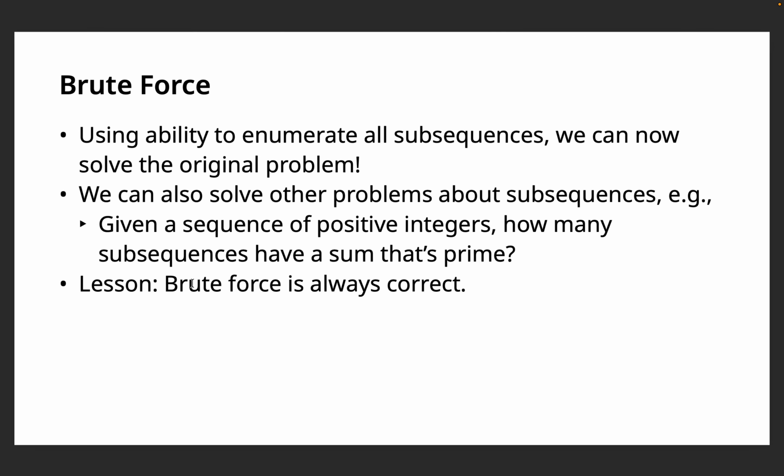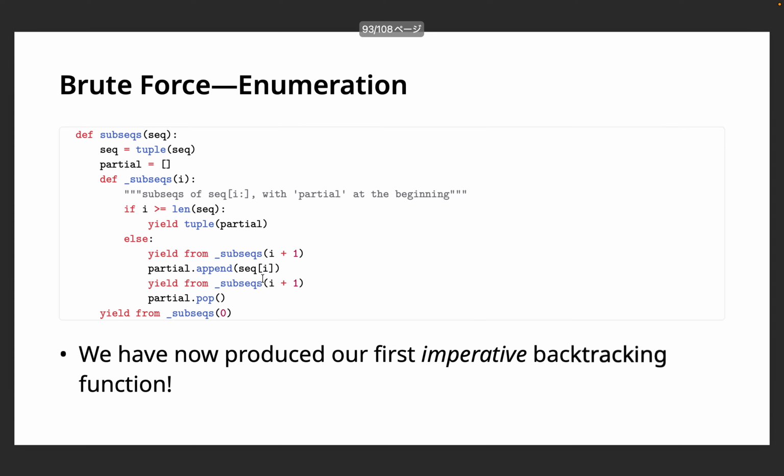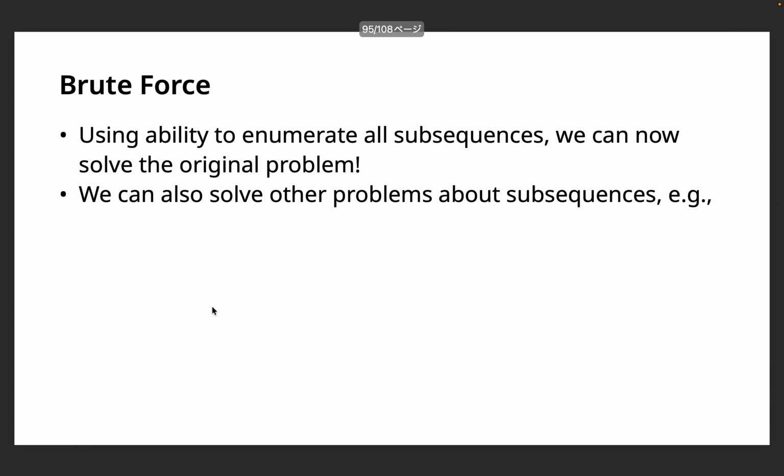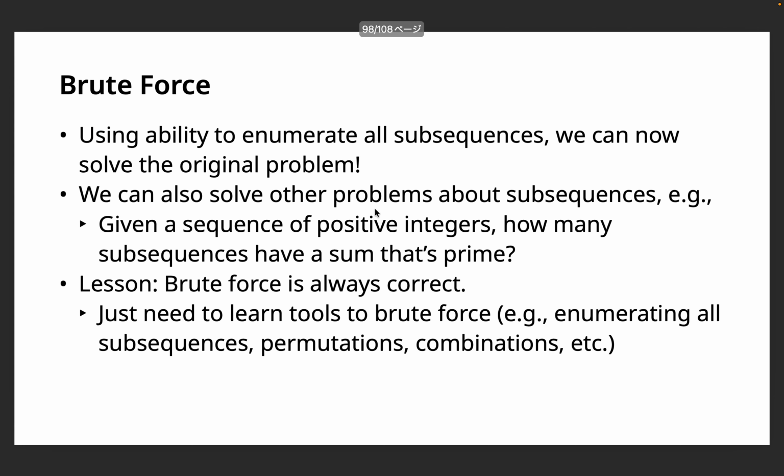Okay, so brute force allows us to build useful functions like these that also allow us to solve many other kinds of similar problems. Because of that, what we really need in order to solve problems using brute force is to be able to come up with or build tools that allow us to enumerate different kinds of stuff.